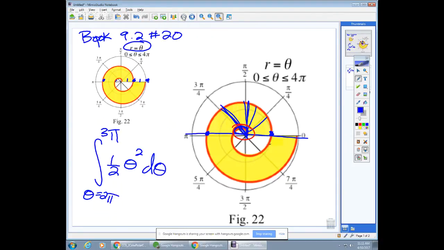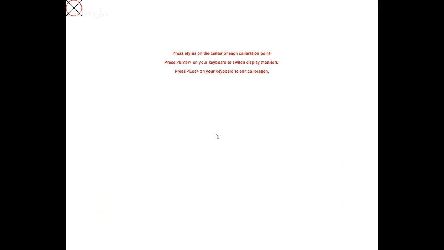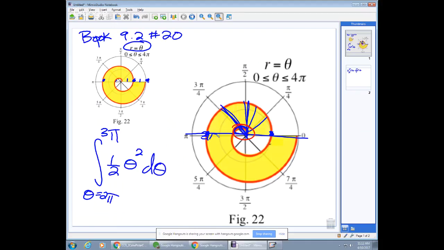For the bottom half, we'll have the integral from, remember that's 3 pi right there. Let me try this again. Okay, so that's 3 pi there, that's 4 pi. That's better. So that will give us more than what we want because that'll include this region right here.